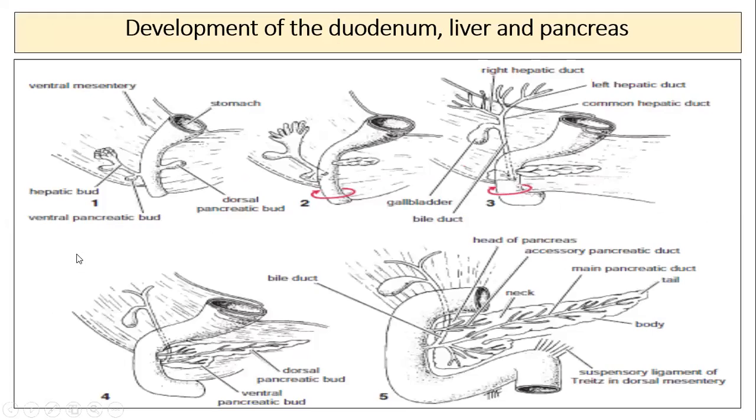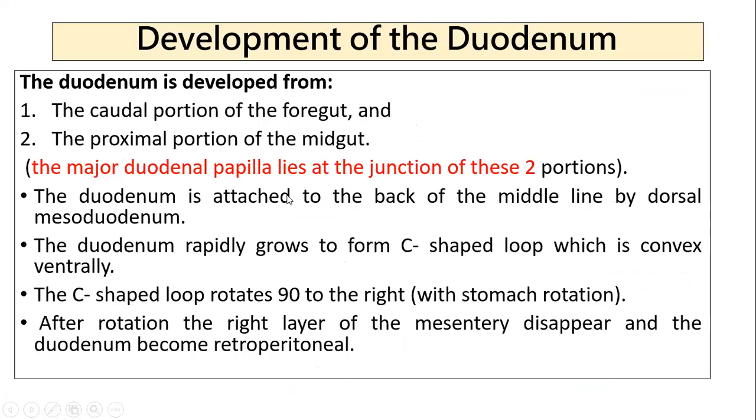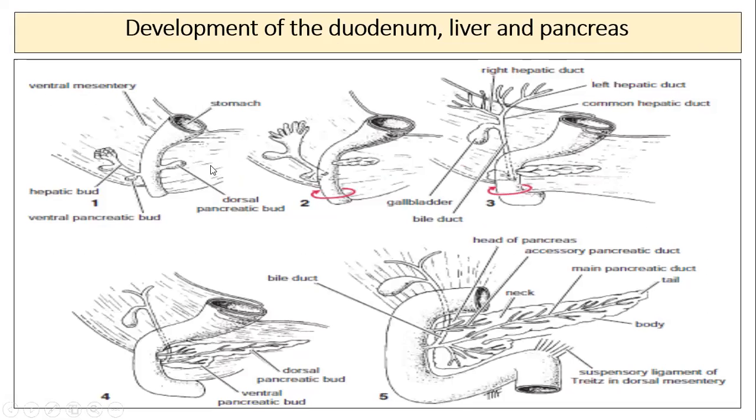Here you see the stomach, and here the foregut and the midgut, and this junction is indicated by the opening of the major duodenal papilla. Initially there will be a mesentery called the dorsal mesoduodenum.